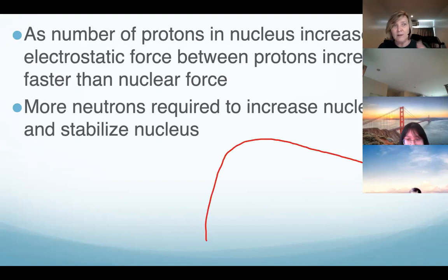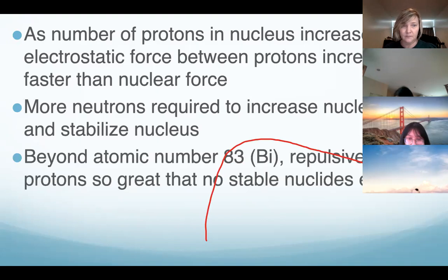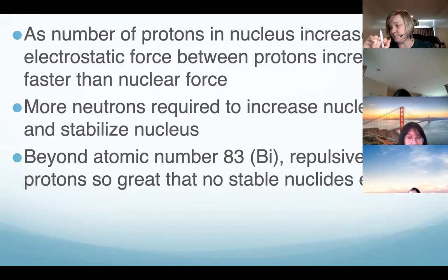So at higher atomic masses, you need more neutrons to increase the nuclear force and stabilize the nucleus. Beyond bismuth, which is atomic number 83, the repulsive force of the protons is so great that you don't have any stable nuclides after bismuth. Okay?